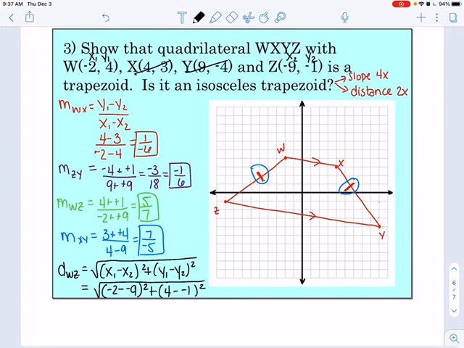So again, I'm going to do the keep, change, change inside here. So I'm going to end up with the square root of 7 squared. -2 plus 9 is 7. Plus, again, keep, change, change. 4 plus 1 is 5, plus 5 squared. 7 squared is 49. 5 squared is 25. And when I add those two things together, I'm going to get an answer of radical 74. So that is the length of one side.